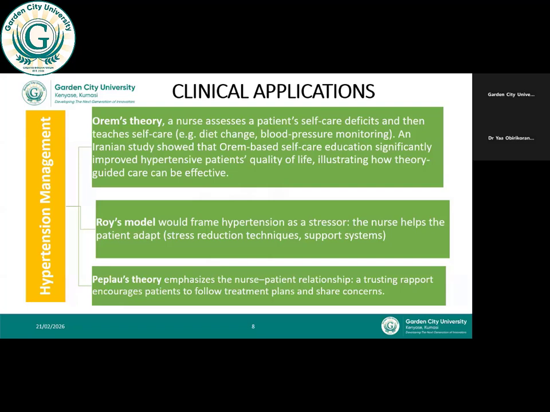Okay. So this is how we can apply the various theories to the nursing process. And if you're able to apply it, we're able to meet the patient's needs and improve on the outcomes of our patients. Okay.